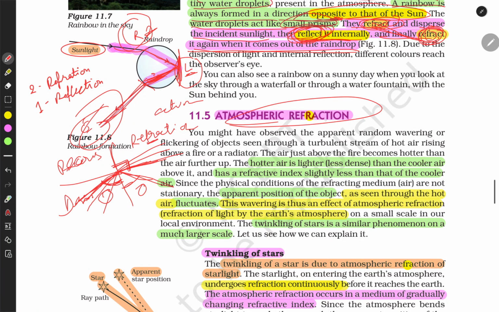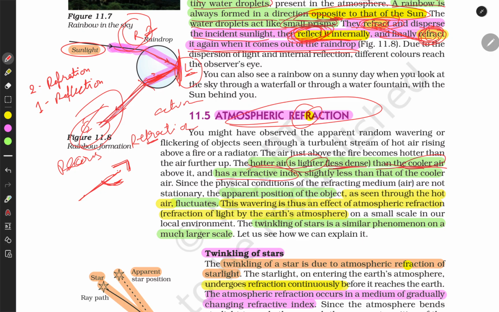So let's talk about atmospheric refraction. Hot air is lighter and less dense than the cooler air. Whenever the sun heats the atmosphere, the air gets lighter and remains up, and the cooler air remains down.